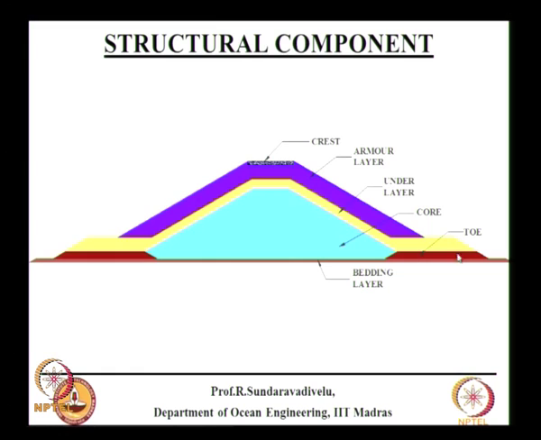This toe failure is one of the main reasons for most of the failures of rubble mound breakwater. So the toe has to be done properly. A complete collapse may take place if there is a toe failure. Any structure, there are certain components which fail, which triggers the collapse, you should know that.